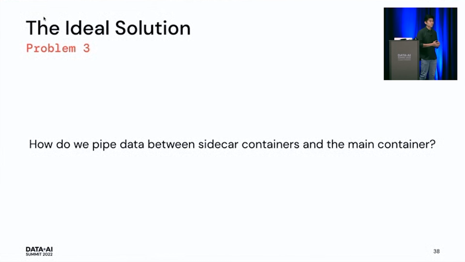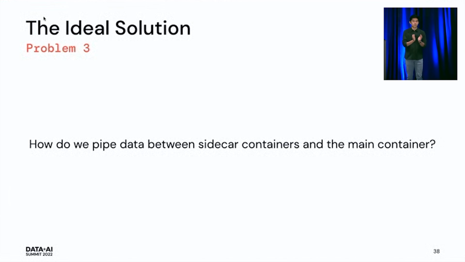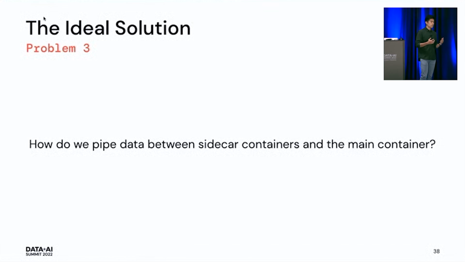So now we have solved the problem of how we do it between pods. But we have shifted that to, how do we do it within one pod, right? Because the problem here is that all these containers in Kube are not aware of each other, and they have their own entry points.